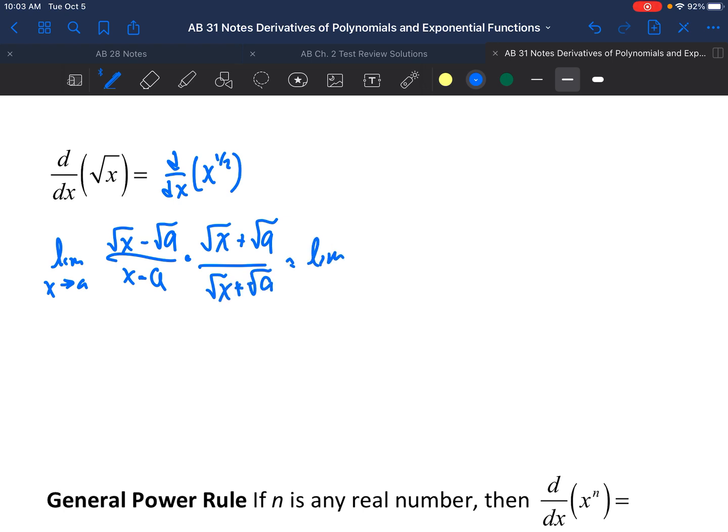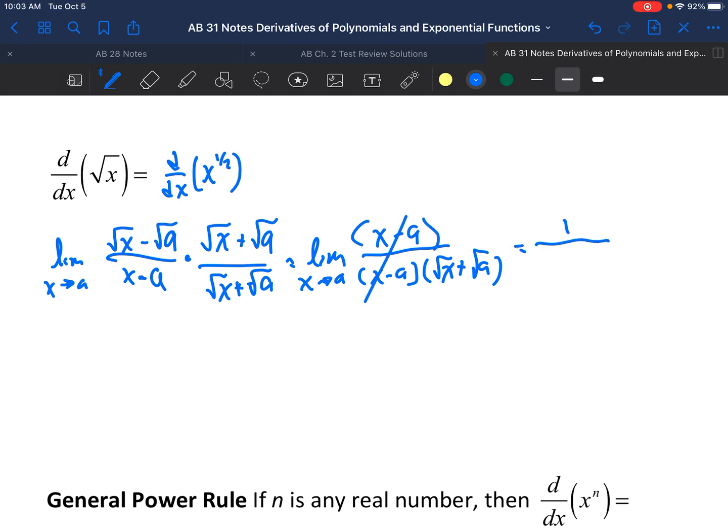Giving us the limit as x approaches a of x subtract a over x subtract a, square root of x plus square root of a. Ooh, giving us 1 over 2 root a.